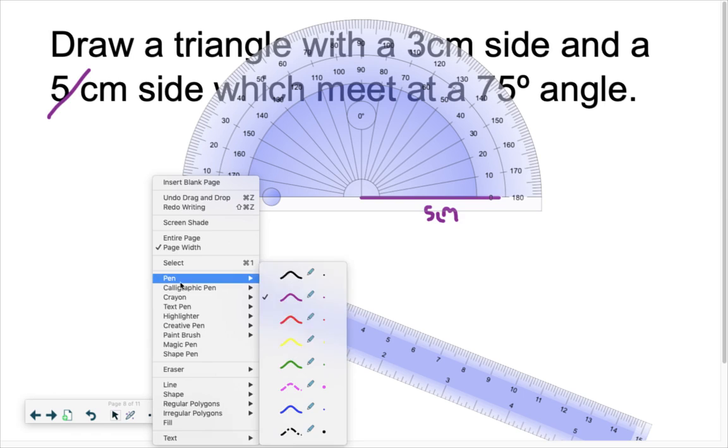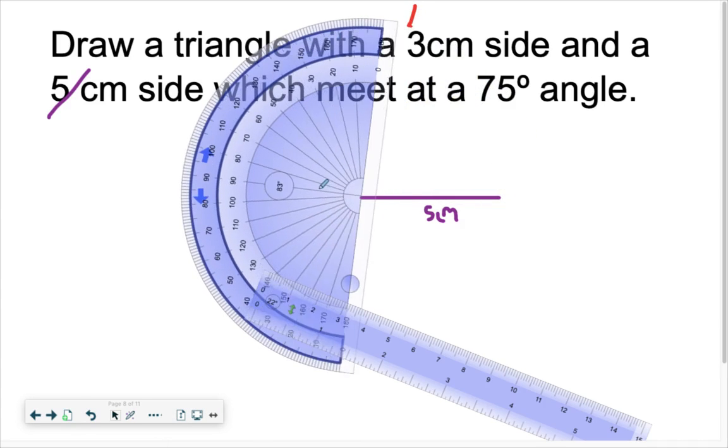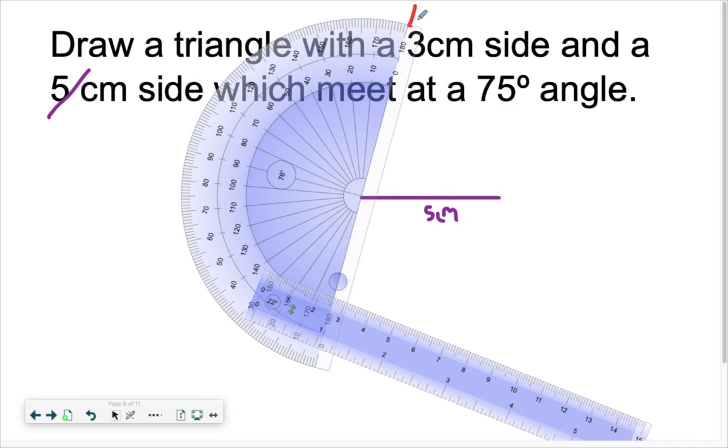So I need to then, on the right side, use the inside, use the numbers that start at 0 to find 75. That's up here. So that's where you and I could have a couple options. We could turn our protractor and then draw a line that is 3, or draw a whole line and measure it.